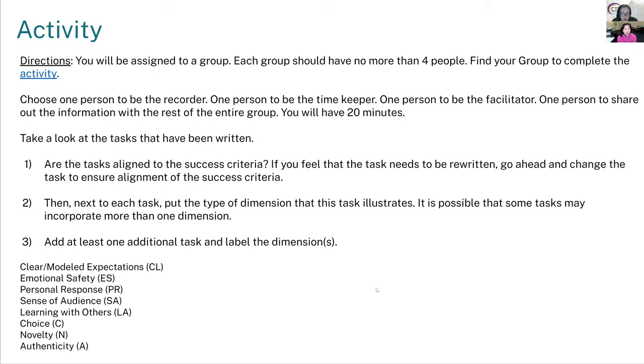If they are, great. And then decide under which one of those 8 categories they could be. They could be more than one category. If not, please rewrite the task. And then also put, like I said, next to each task, dimensions of what they are. They could be more than one, like Cheryl had told us. And then please, as a group, also add one more additional task and label the dimensions as well.